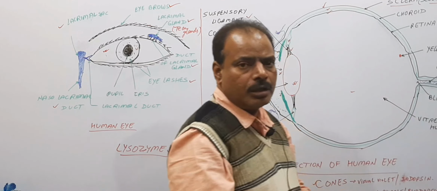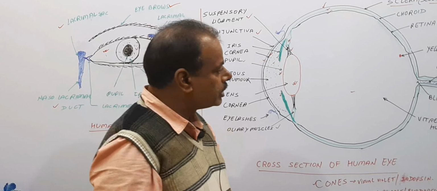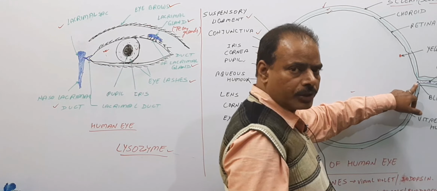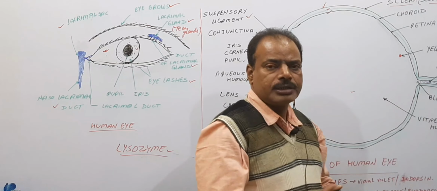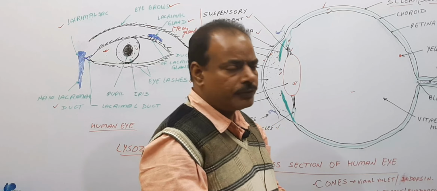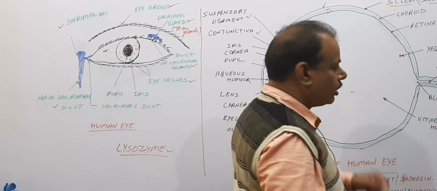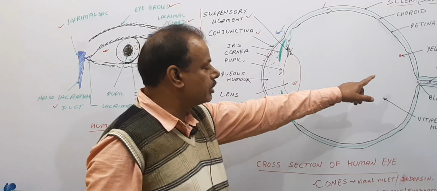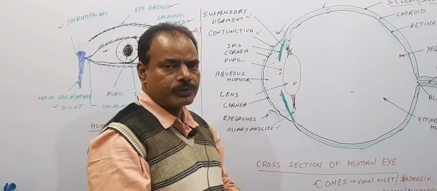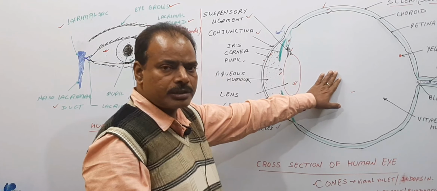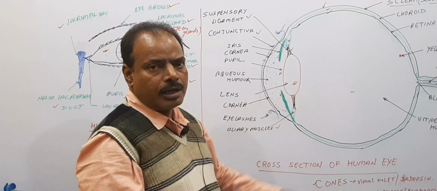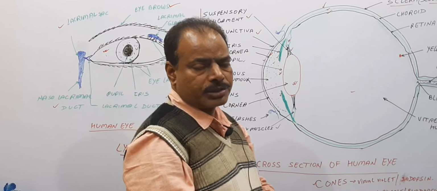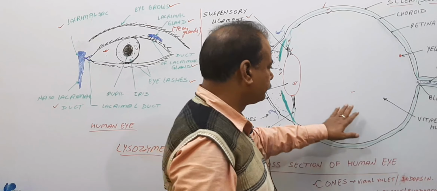The optic nerve originates from the blind spot on the retina and carries impulses from the retina to the brain for vision. The vitreous chamber is located between the lens and retina. It contains vitreous humor, which helps in maintaining the shape of the eyeball and protects the nerve fibers and the retina.